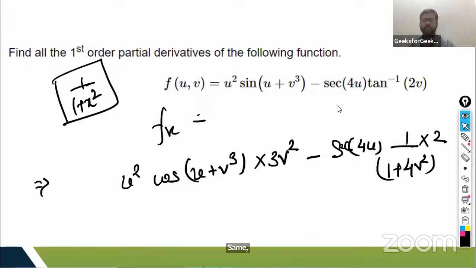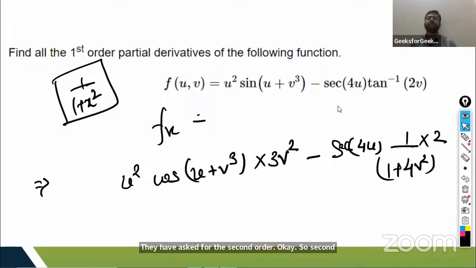So the only thing I want you to understand is the importance of the inverse function. This question was asked in the GATE examination, but not for the first order. They asked for the second order, and then they put the values of x, u and v and asked for certain values. So this was something different, but from the initial point of view, I want you to understand the first order derivative.